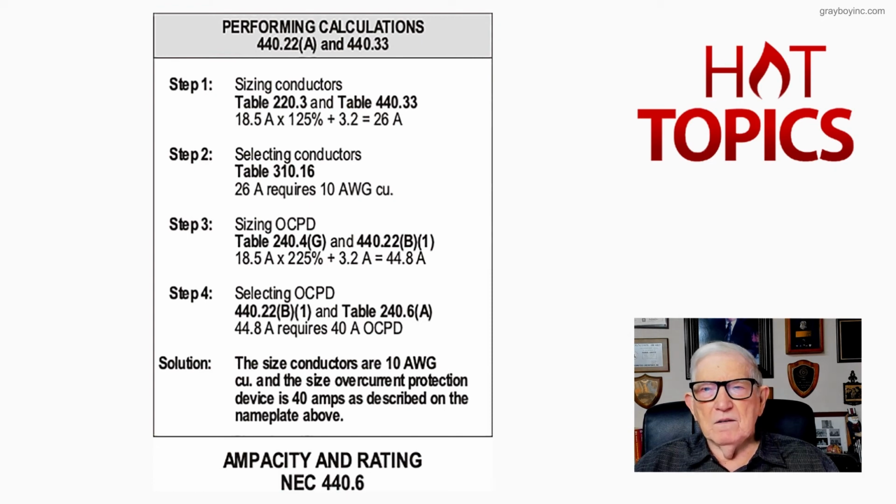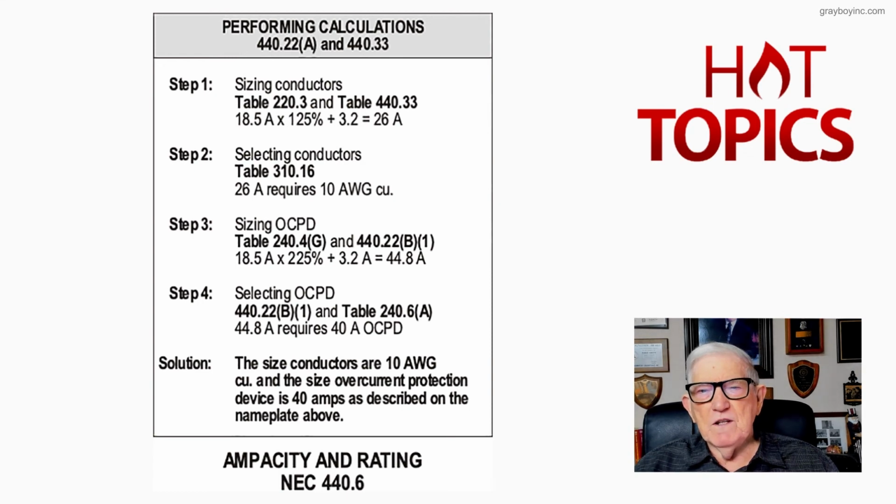So the table here that you see in the illustration shouldn't be there. It's just 440.33. And 18.5 amps times 125%, because compressors are largest, plus a condenser motor at 3.2 comes up with 26 amps. Just what you saw on that nameplate, really, wasn't it?